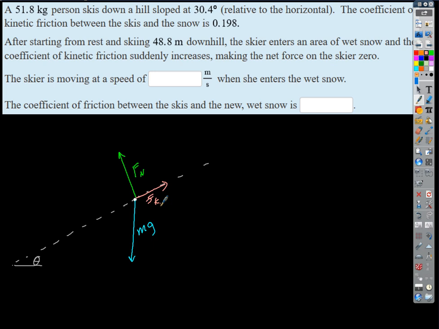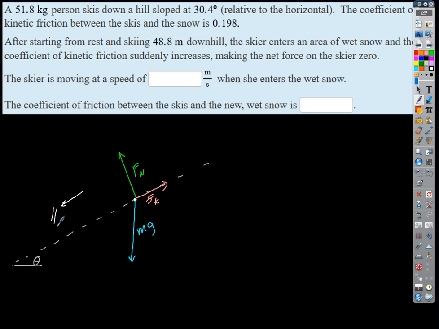Orthogonalize it. Good. We want to make sure all the forces are broken up into components, so let's assign what our directions are going to be. I'm going to call down the hill positive for convenience sake.